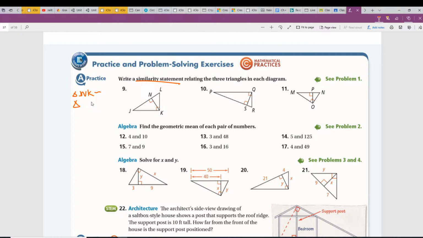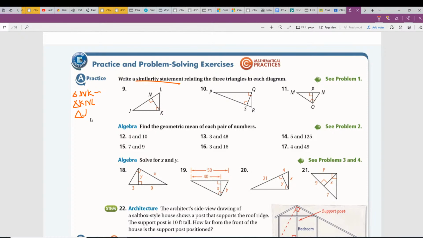So J, N, L and K. Pretty sure L would be the one from. Okay, so L would be this one. L would be this, and we have N, and we have K. That leads us to our final angle, which is J. Is that right?